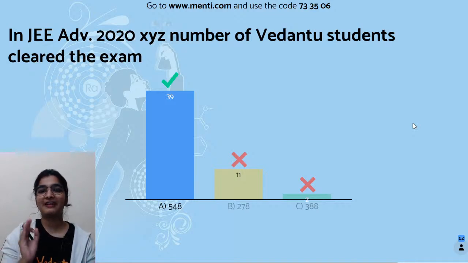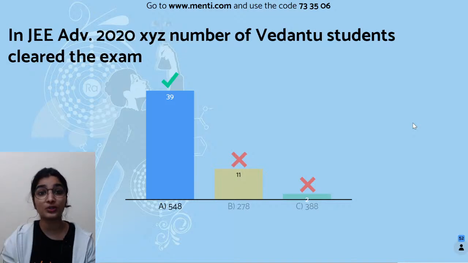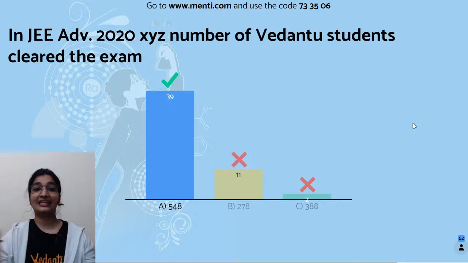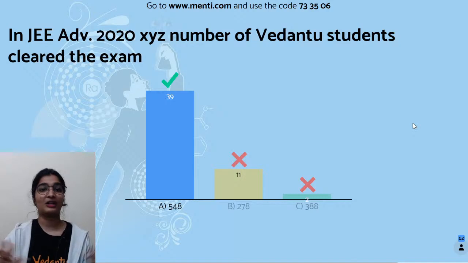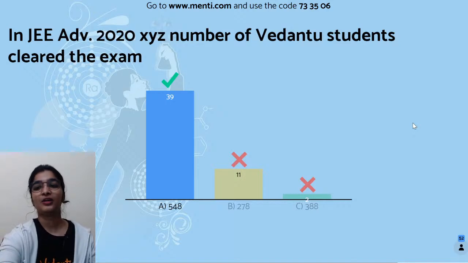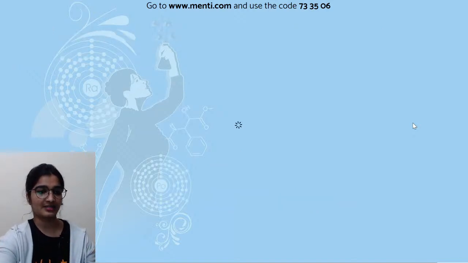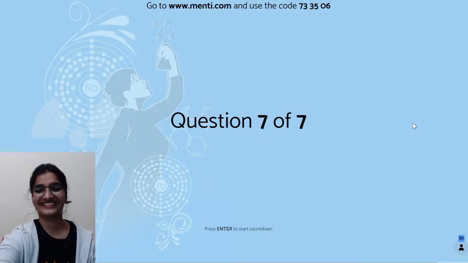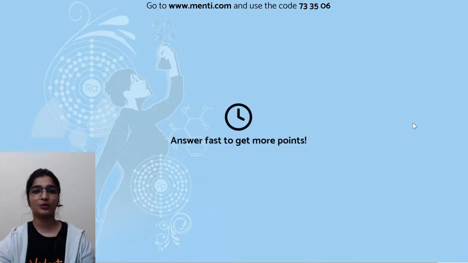Can you believe 548 students have cleared JEE Advanced 2020? Congratulations to all the students and even the master teachers who have helped them and the whole Vedantu family for bringing out such nice results. Oh, that's why. Last question. All the very best.